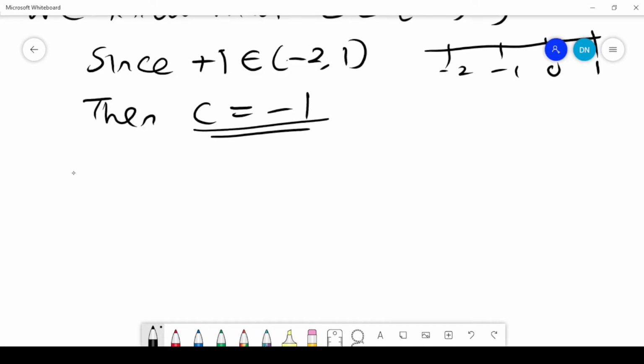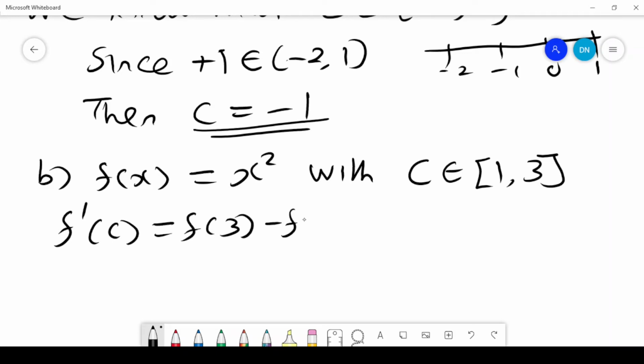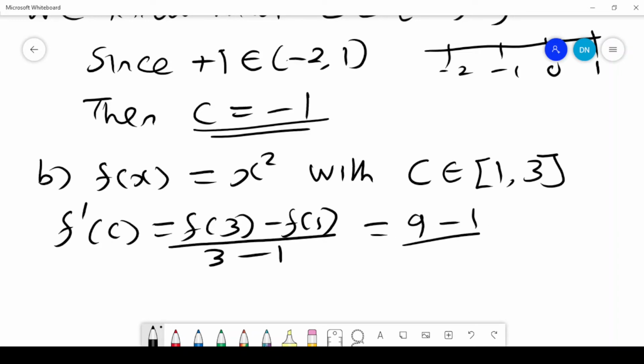And for another example, we have been given f of x is equal to x squared, with c being an element of (1, 3). So we know that f prime of c is f of 3 minus f of 1 divided by 3 minus 1, which is 9 minus 1 over 2, which is 8 over 2, which is 4.